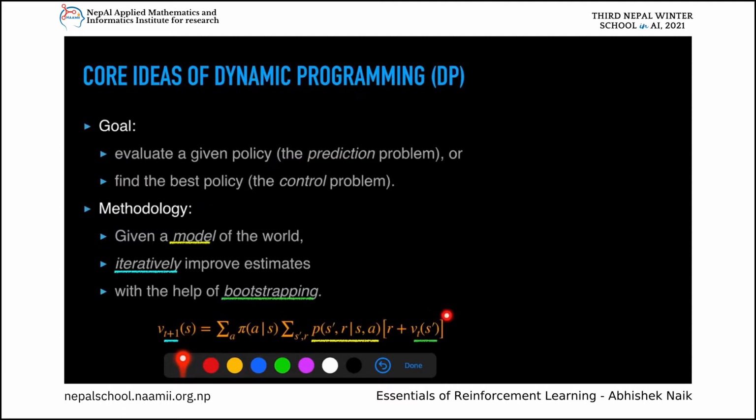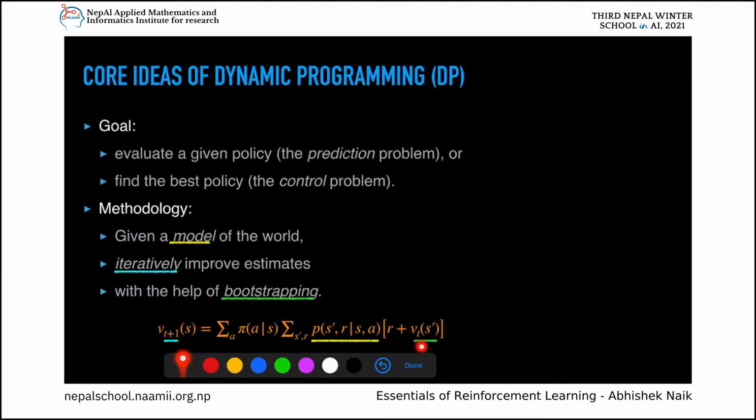Okay, this equation looks familiar because this was just the Bellman equation, which we have converted into an update equation, right? Instead of v pi of s and v pi of s prime here, we assume that the estimates that we have are reasonably correct, and then compute what the value of the state is, given the current estimate.